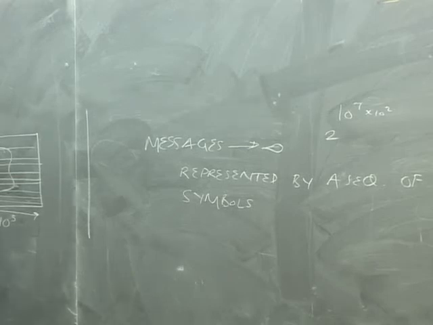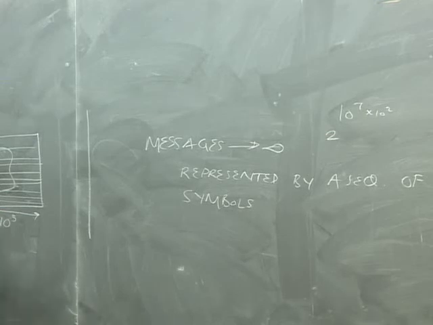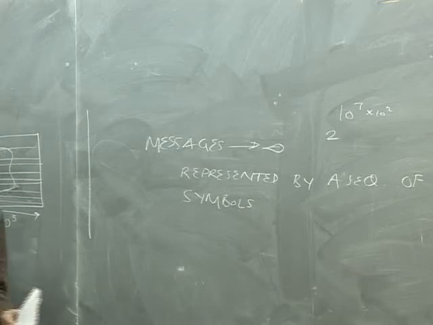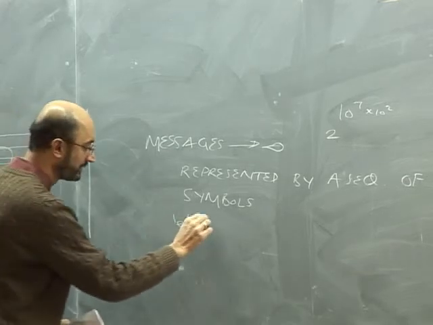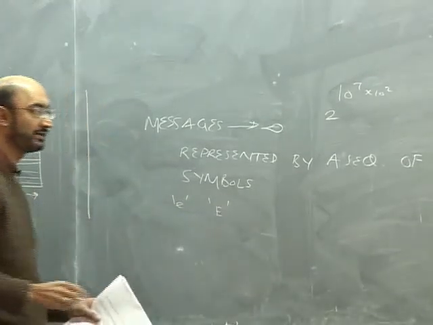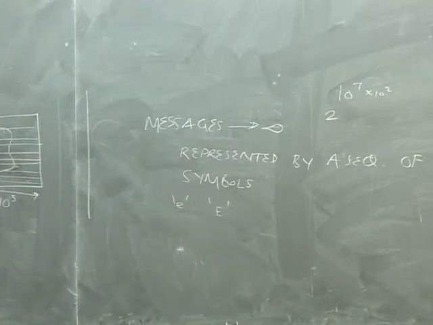I can find out the frequency of individual symbols. I can find out the frequency of the letter E, the letter A, the semicolon, the colon, the capital A, capital C, whatever, right? Each of these symbols that I'm using in the book, I can certainly find their frequency.